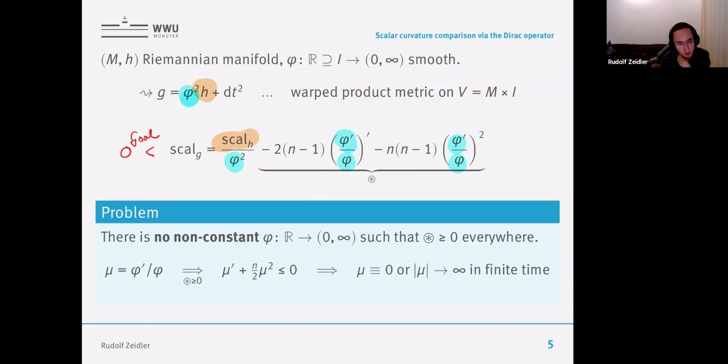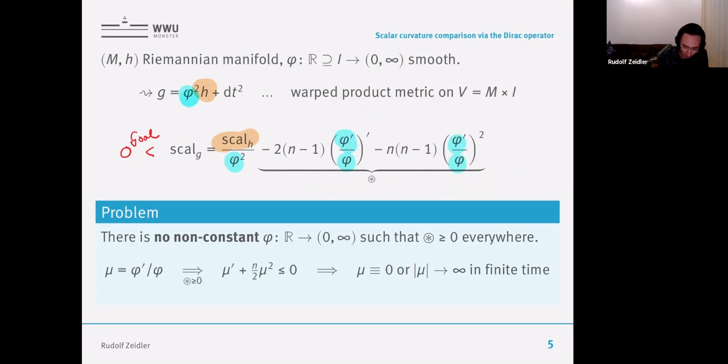You can convince yourself that in fact you cannot find any non-constant smooth, differentiable function phi such that this expression here is positive or not even non-negative everywhere.